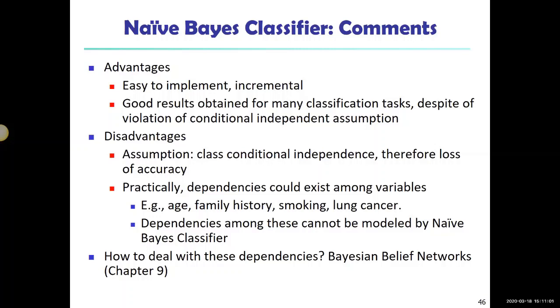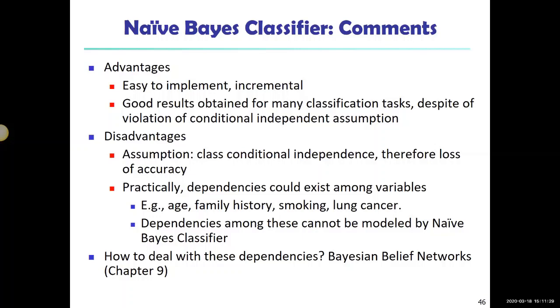We just use it and see how it performs. The dependencies obviously exist among those variables, even when the class is known, because the class label is given, right? You can provide whatever class label that you want. That really doesn't add any information. It's not the age that removes the dependency between children's height and their vocabulary.